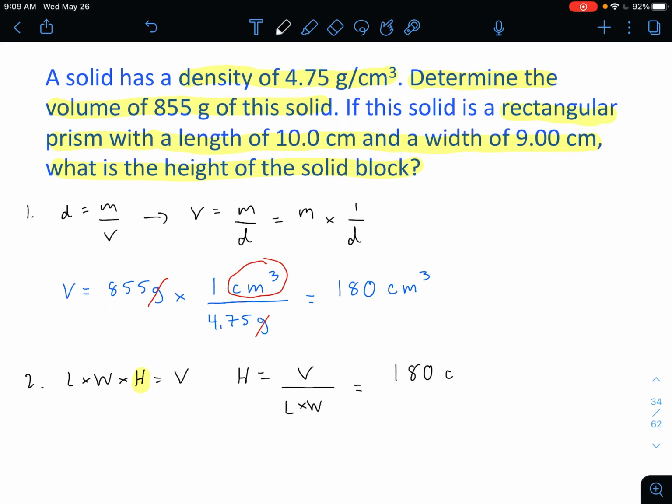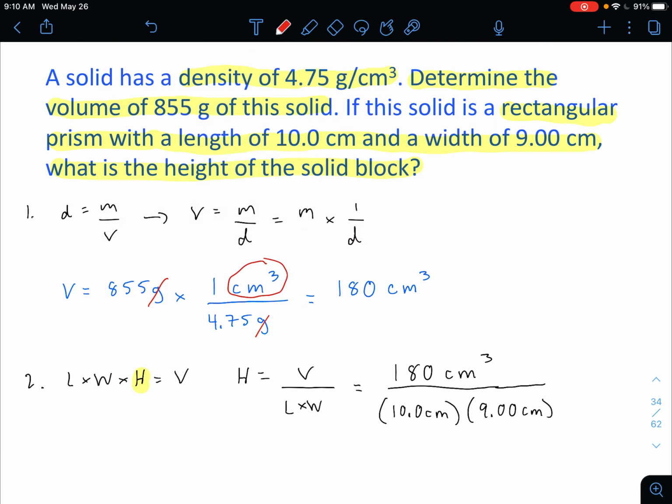It'll be 180 centimeters cubed, and then the length is given as 10.0 centimeters. I'm just using parentheses for clarity, and the width is 9.00 centimeters. So now here we're able to figure out the height of the block by taking volume divided by length divided by width.